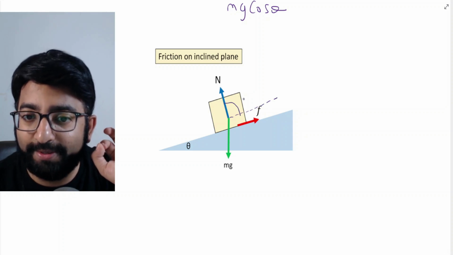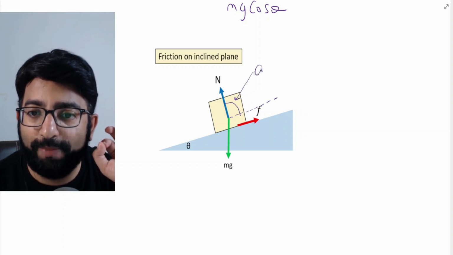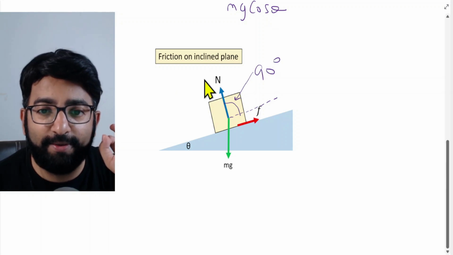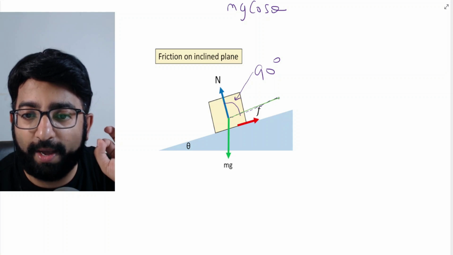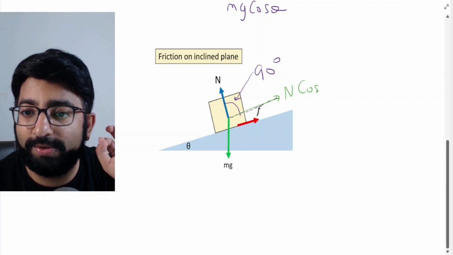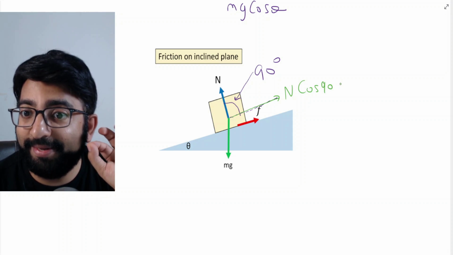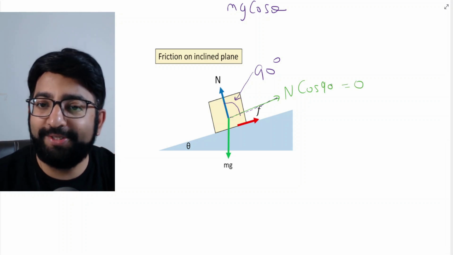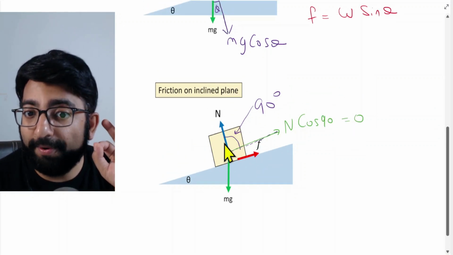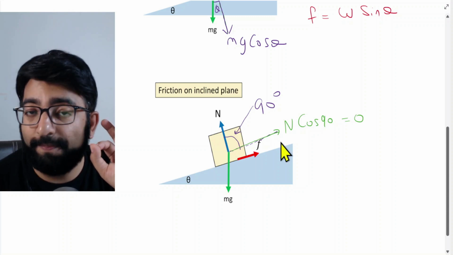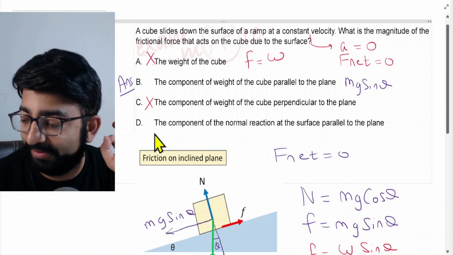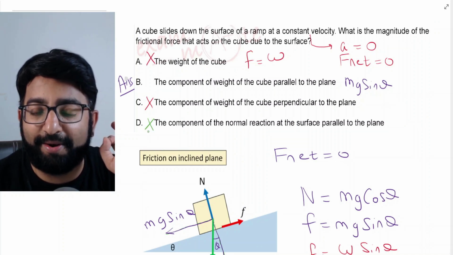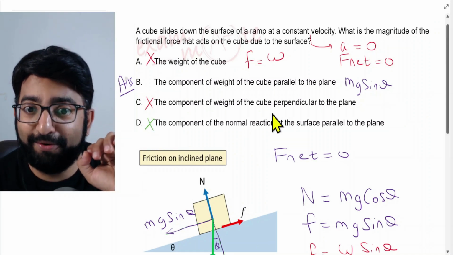For that, we need this angle, and this angle will be 90 degrees. Hence, the component of normal reaction along this arrow should be N cos 90. N cos 90 is equal to 0 because cos 90 is 0. Hence, the component of normal reaction which is parallel to the plane is actually 0 and friction is not 0. Hence, even option D is incorrect. And that's how we solve questions of this type.